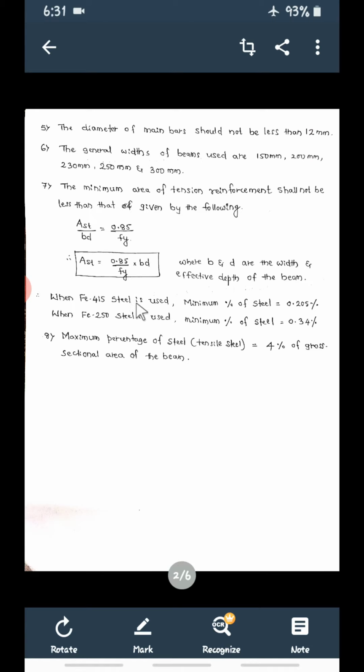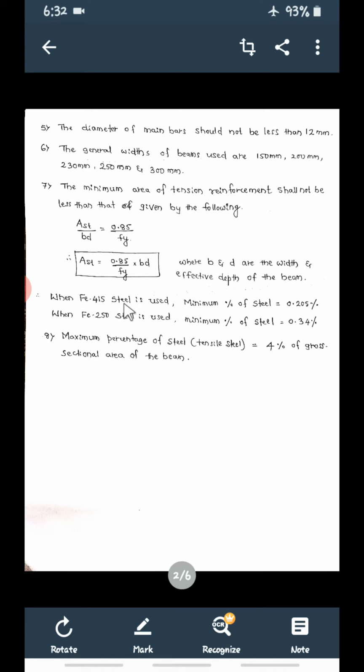When Fe415 grade steel is used, the minimum percentage of steel is 0.205% of B into D. Suppose if you are using Fe250 grade steel, then the minimum percentage of steel is 0.34% of B into D. So this is the minimum percentage of steel for the bottom, that is main steel.